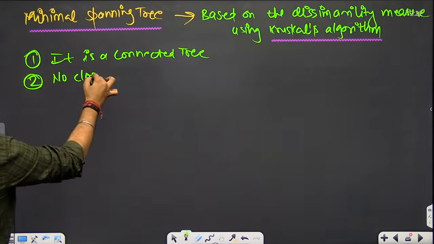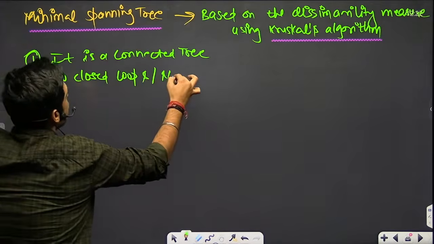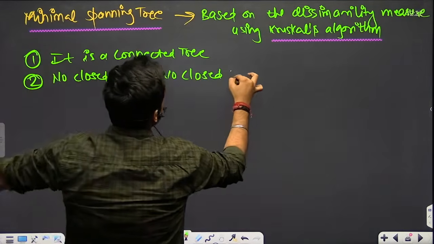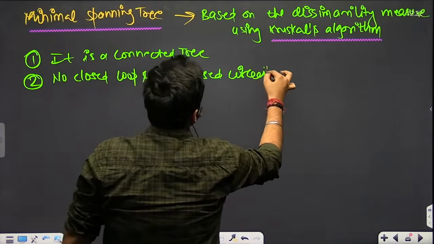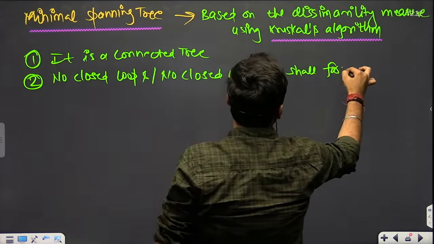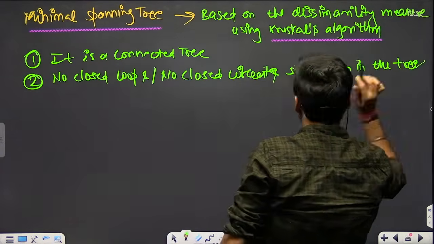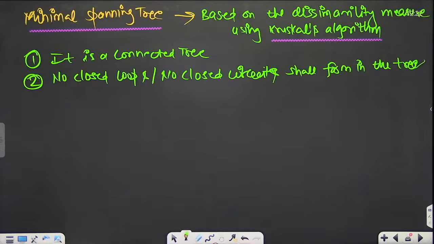So you have to write this: no closed loops or no closed circuits shall form in the tree.